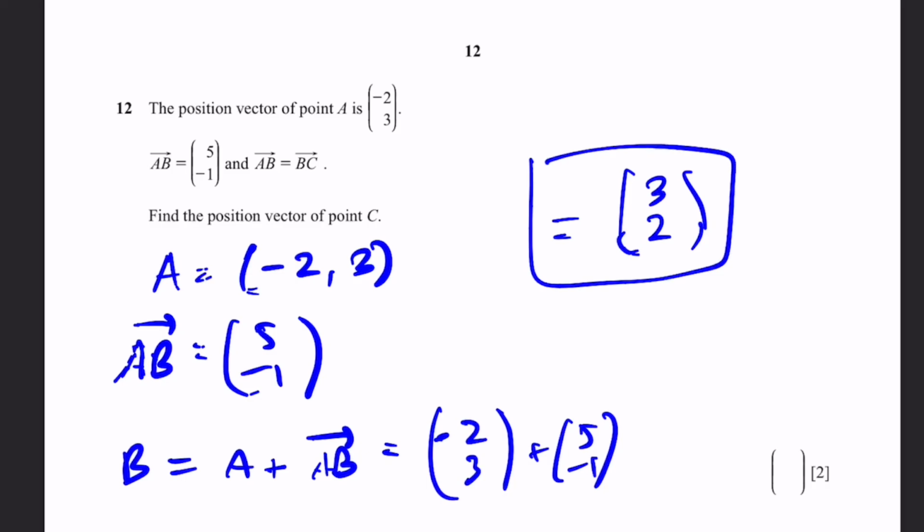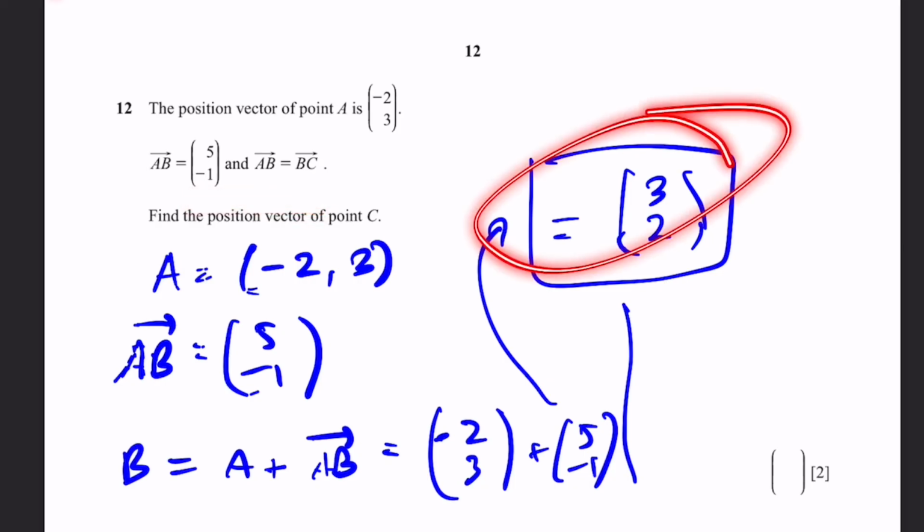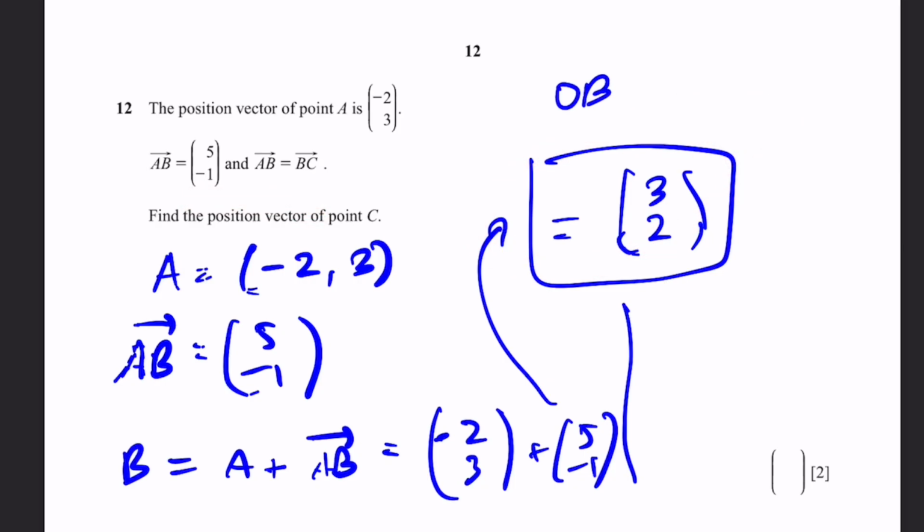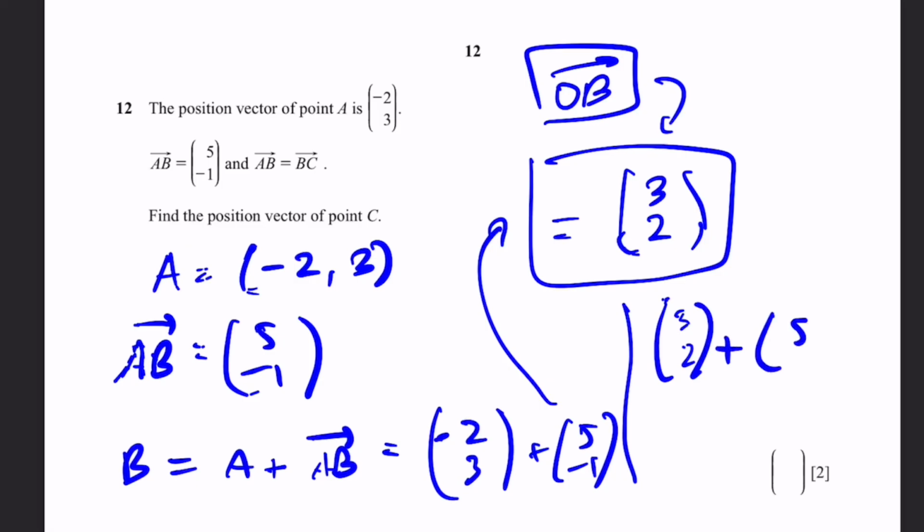And now, the position vector of point B, in other words OB, is (3, 2). Now, as for the position vector of point C, since AB is equal to BC, we just add the vector AB one more time to get C. So (3, 2) plus (5, minus 1) is going to be (8, 1). That's the point C. That's the answer.